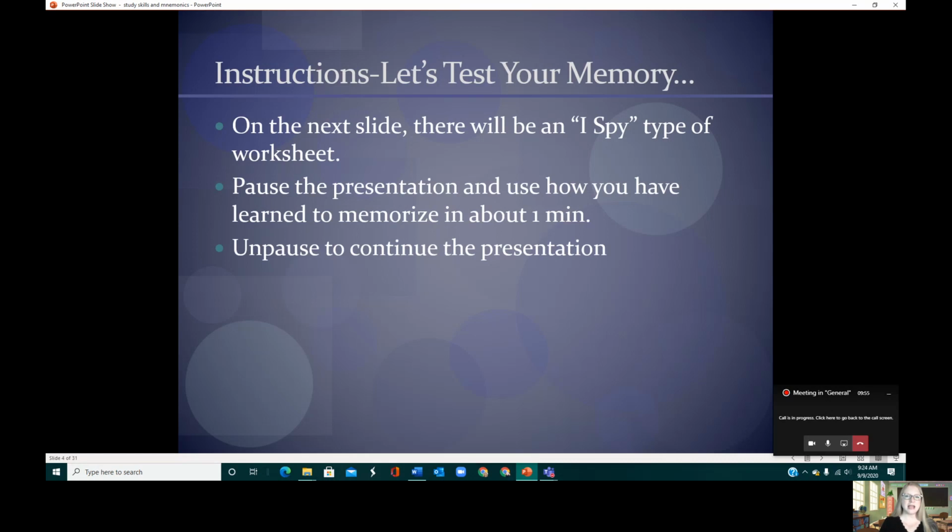On the next slide, there's going to be an I Spy worksheet or page out of a book. I want you to pause the presentation and really memorize using your own techniques that you've always used your whole life for about a minute, and then unpause and write down as many things as you can remember in about a minute and see how you do, okay?